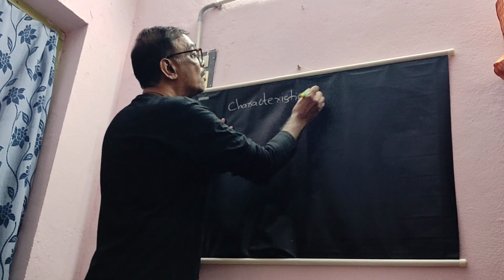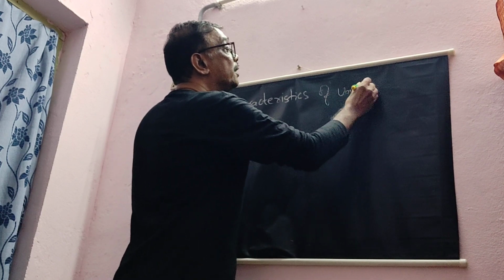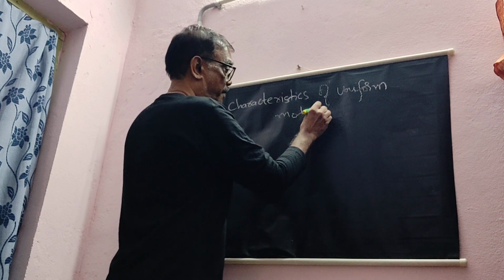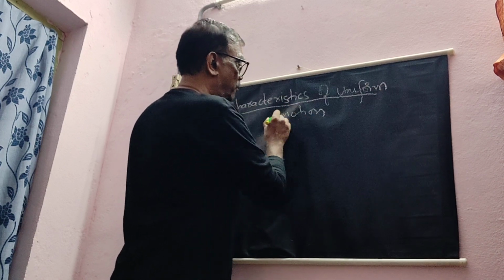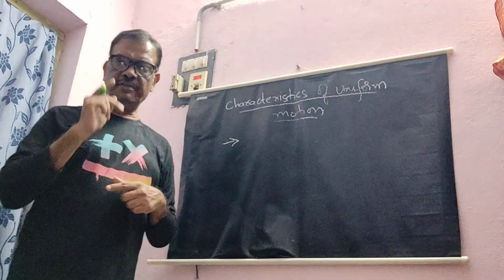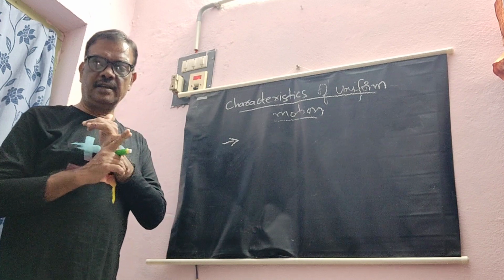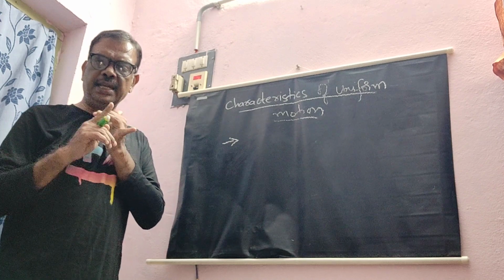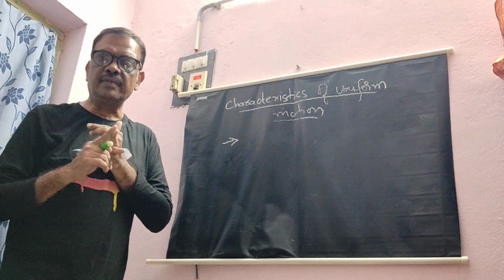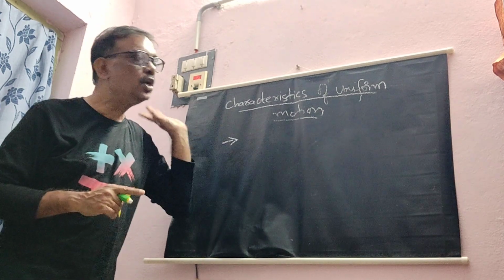In this, children, whenever we write characteristics, first of all we have to write the definition of uniform motion. What is it? If an object covers equal distance in equal interval of time, then that is known as uniform motion.